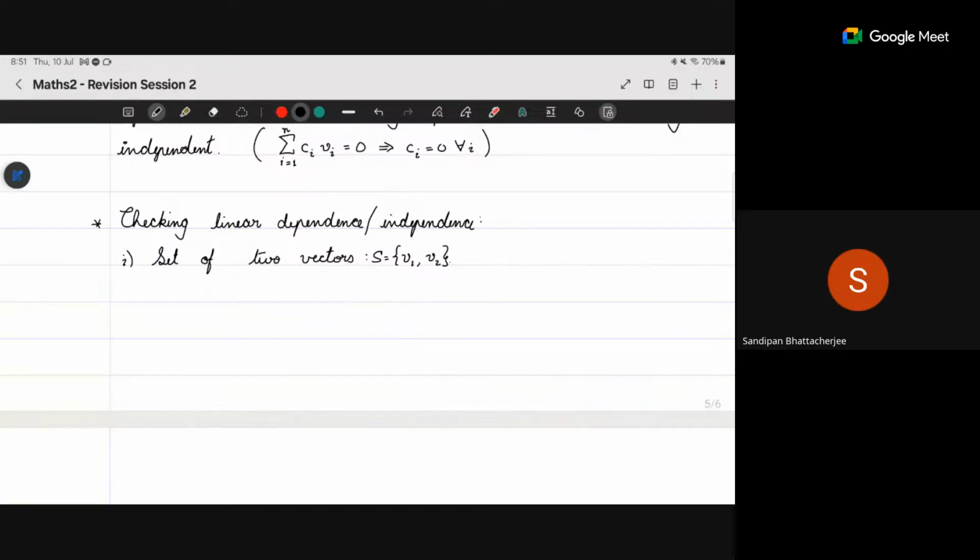It could be in any vector space. We can check for scalar multiplication here. S is linearly dependent if one of the vectors is a scalar multiple of the other. This only works for two vectors. That's why I've written it as a special case.